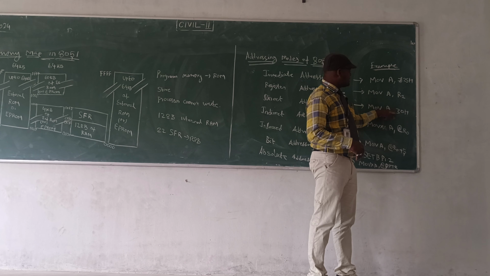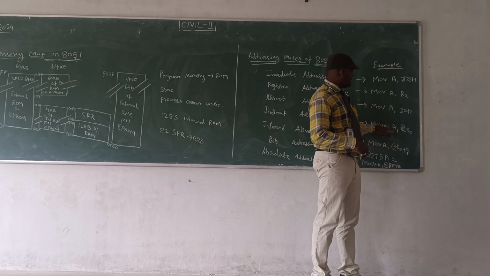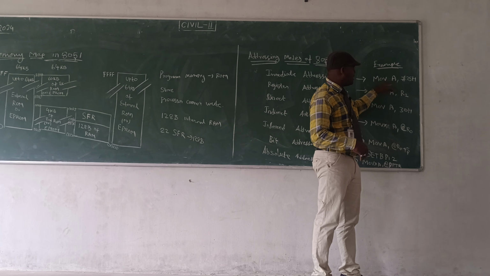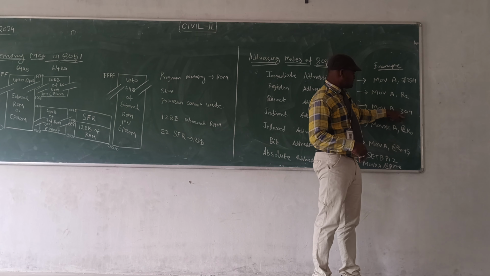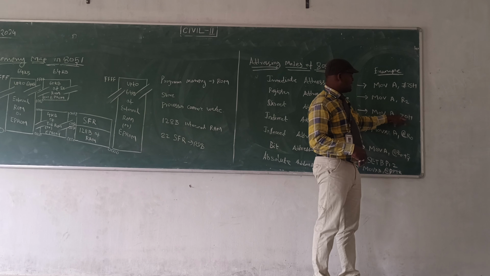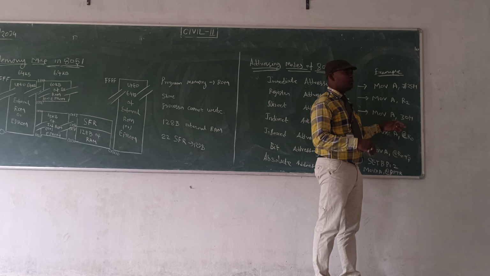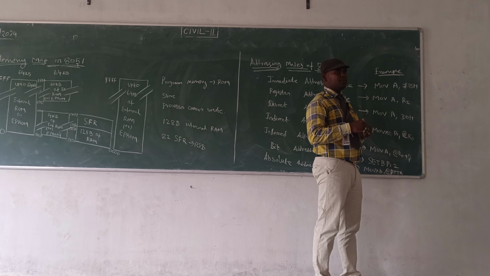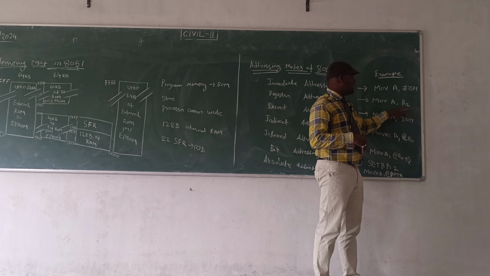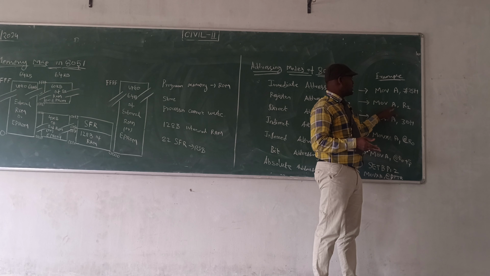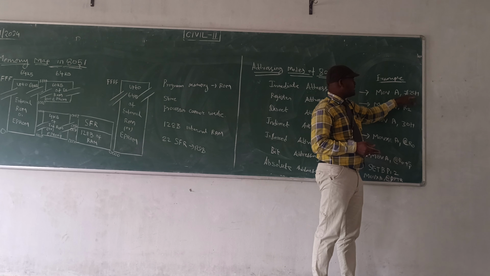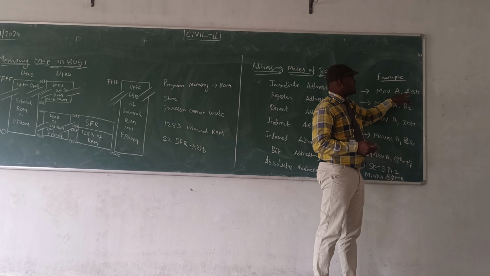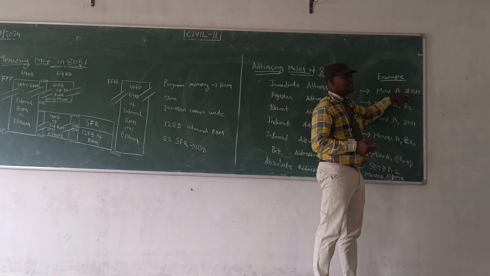So while you are moving this data, what is the difference between MOV @ and MOV A? You see, in move data, the data is directly transferred, and in this you are giving the input itself, so you can give it directly. This is from the R2 register to the accumulator A. This is also data, that is the address location. While you are putting the @ symbol, that is the address location.